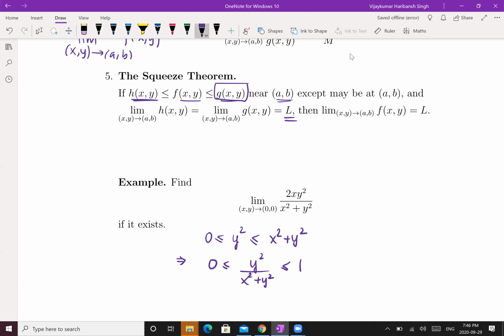Of course, to say that, I should say (x,y) is not (0,0). And at a limit, we don't really care about the value of the function at that point; what is the value of the function in the neighborhood is the important aspect for us.